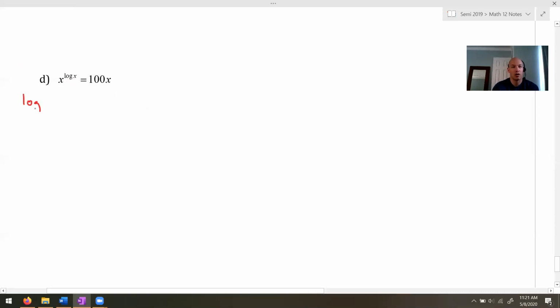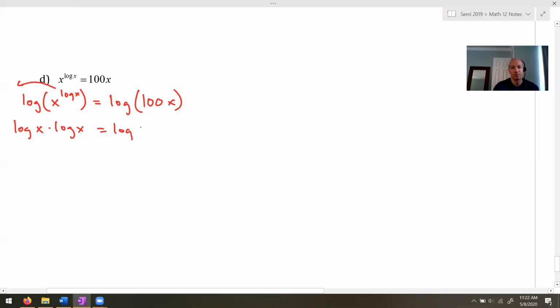So I'm going to go log of x to the log x equals log of 100 times x. The reason I do this is simple. It looks like I'm making the question more complicated, and I sort of am, but now I can bring this log x to the front. So the exponent comes to the front, and then what I'm left with is just log x.